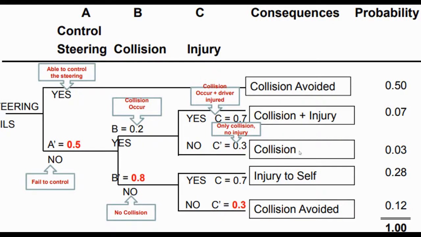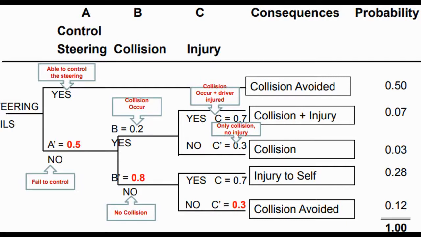The possibility of the collision only is 3%, and then the injury to self is 28%, and then the collision avoidance is only 12%. So kat sini kita boleh tahu apabila berlakunya steering control fails, okay, what is the most risk can be happen here? The likelihood is collision avoidance.